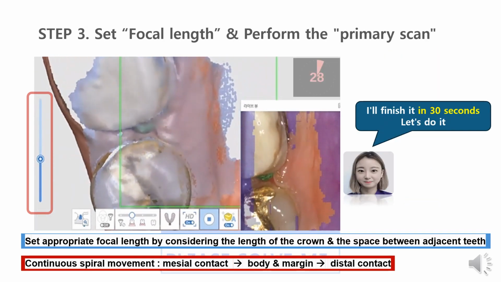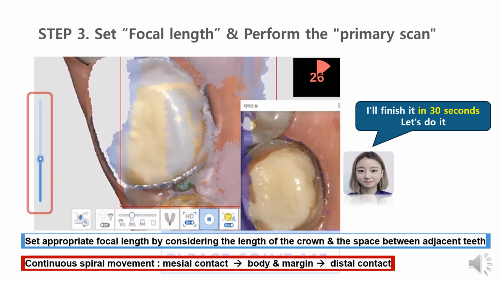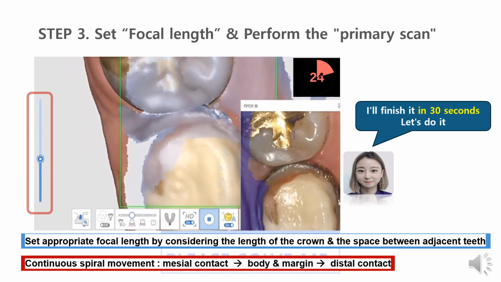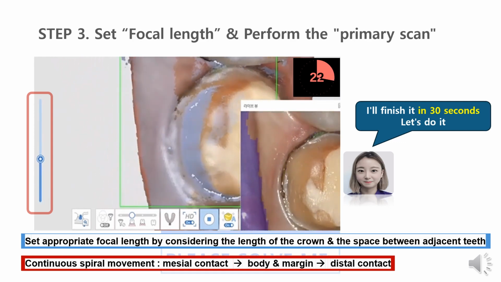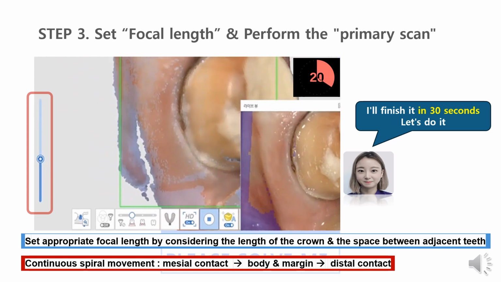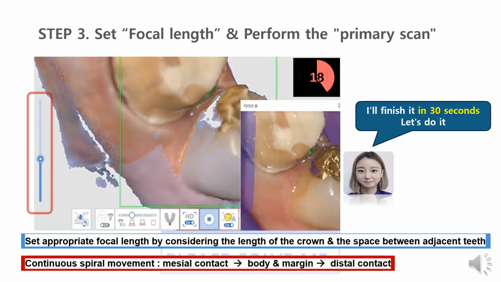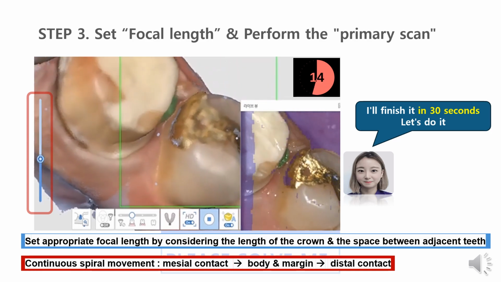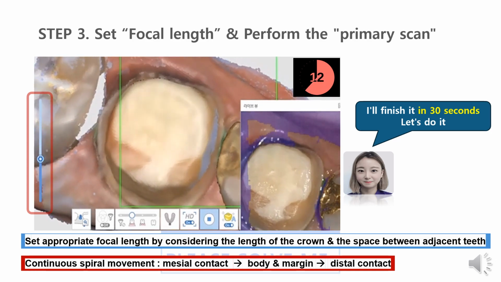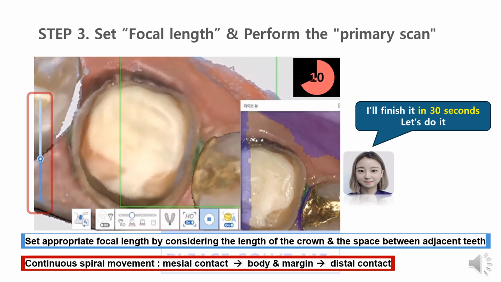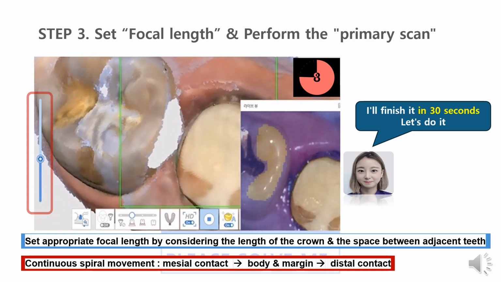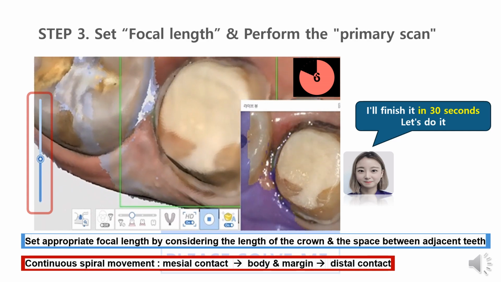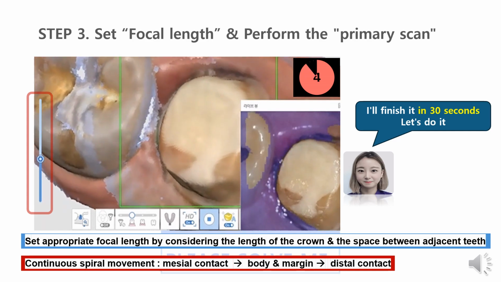Step 3. Set the appropriate focal length and perform the primary scan in a continuous movement as uninterrupted as possible. Next, we start the scan movements. We have to set the appropriate focal length by considering the length of the crown and the space between adjacent teeth. Then, proceed with the scan in the order of distal contact, body and margin.